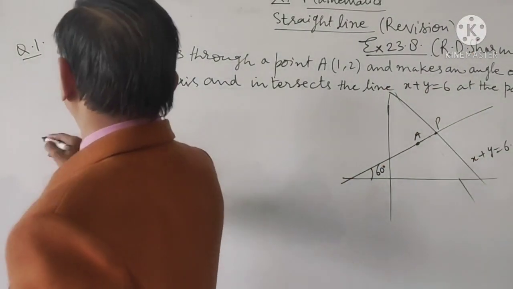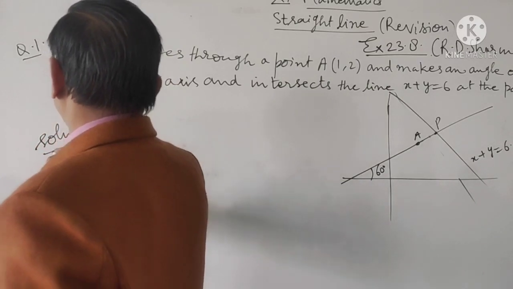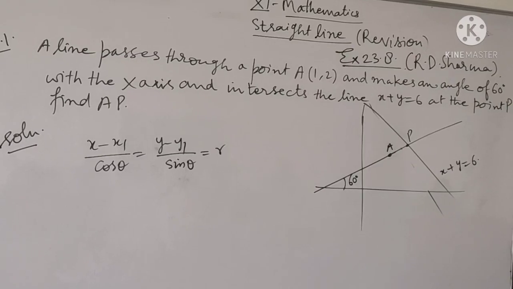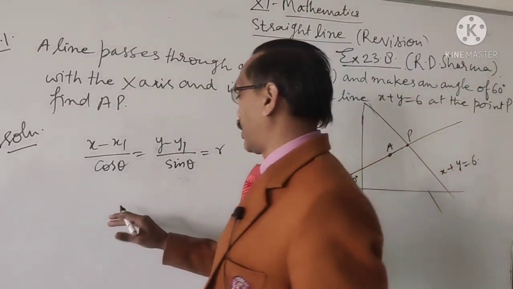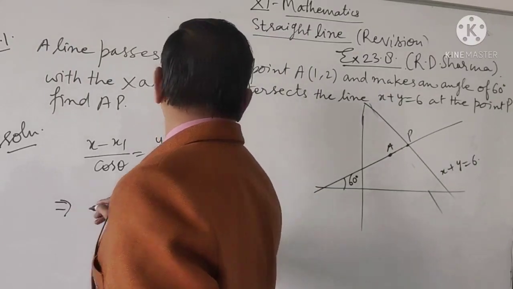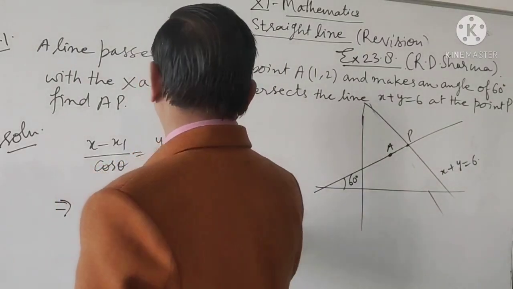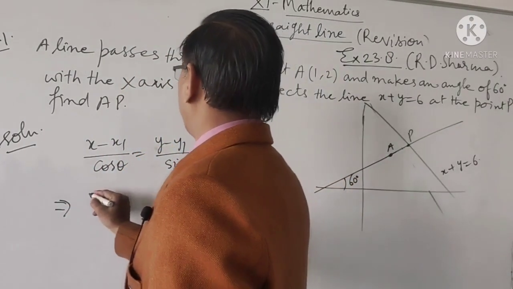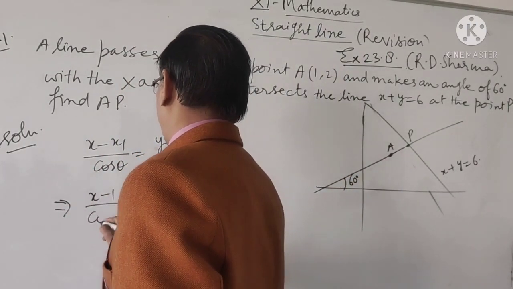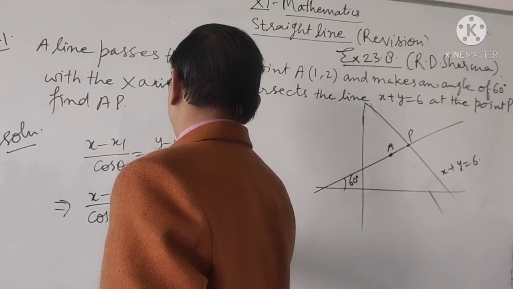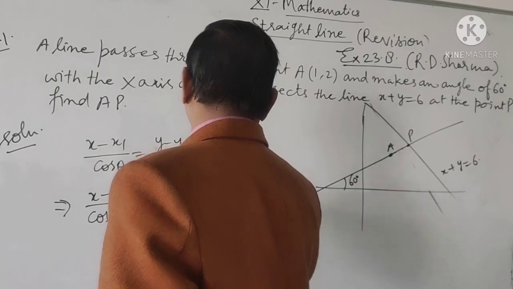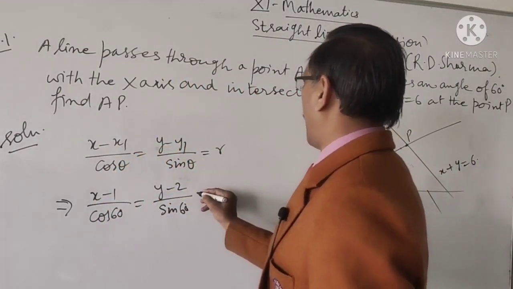For this we will write the distance. So the coordinate of any point on the line. Here we will write x1 is 1. So x minus 1 upon cos 60 degree equal to y minus 2 upon sin 60 equal to r.